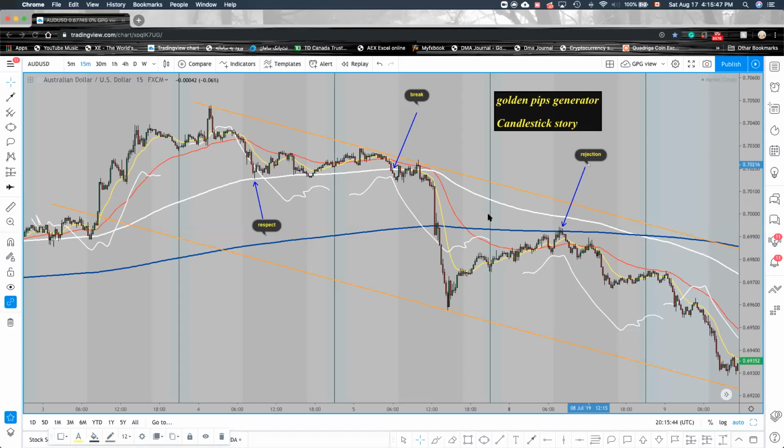So you have to be careful about what you are taking as a setup. You have to see the reaction of the market to something that is already there, that you didn't draw. It's some sort of calculation, an average of price.